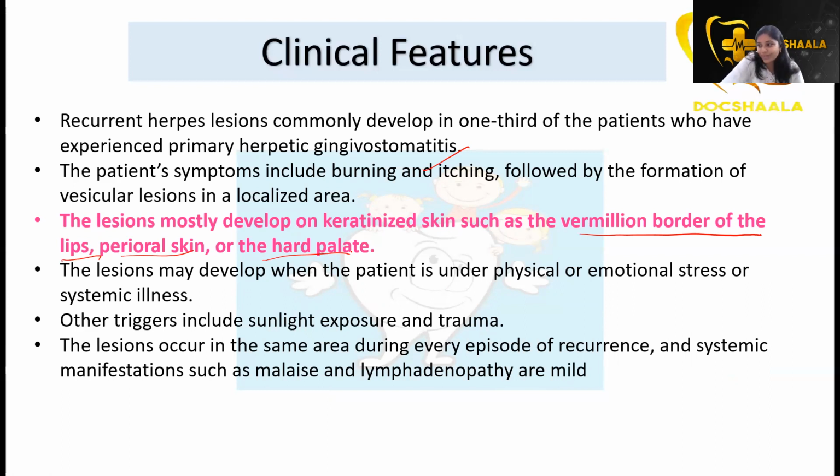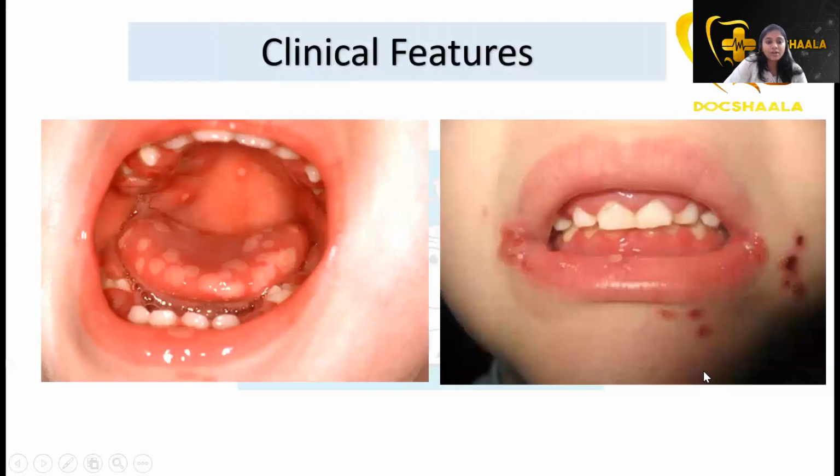So sometimes we even see this in certain patients, even in our friends also. Other triggers include sunlight exposure and trauma during exams, right? Lesions occur in the same area during every episode of recurrence, and systemic manifestations such as malaise and lymphadenopathy are very mild.